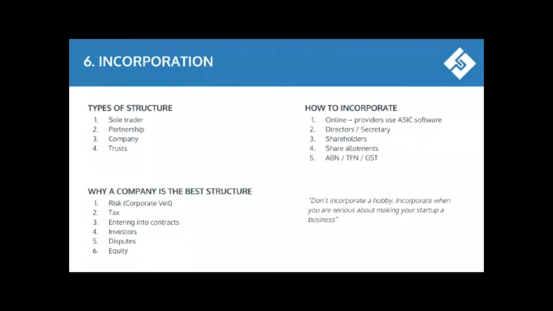Now, point number 4 there is trusts, and I put that on the list because trusts are often used in the formation of a company or the structure of your business. Technically, trusts are not a business structure. They are a relationship on how somebody owns shares in a business. So the most common structure is that you will have a trust. That trust will have a trustee, and that trustee will own shares in a company on behalf of that trust.